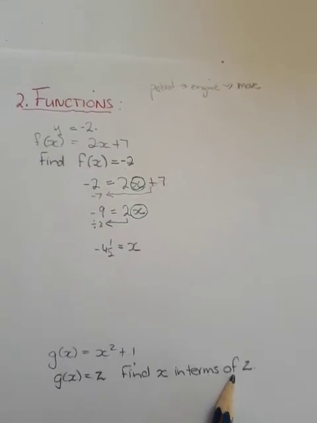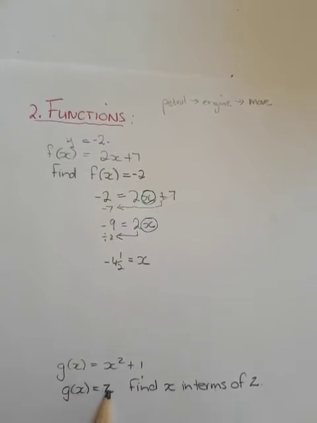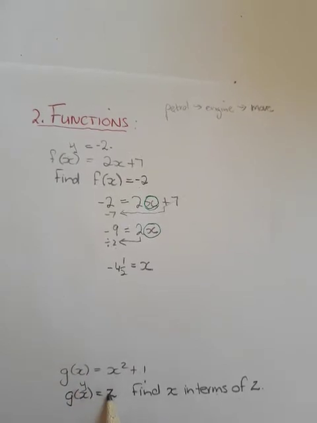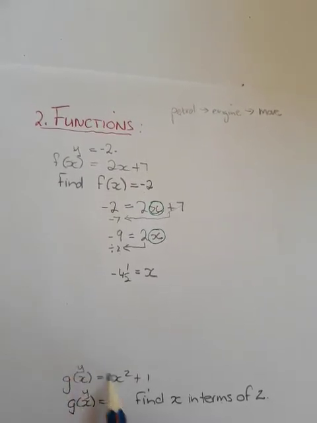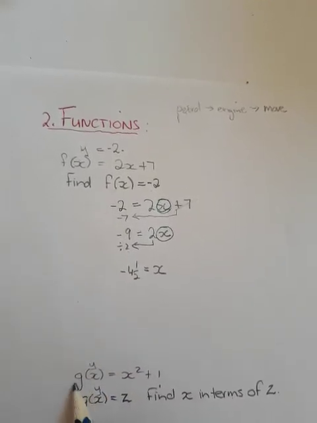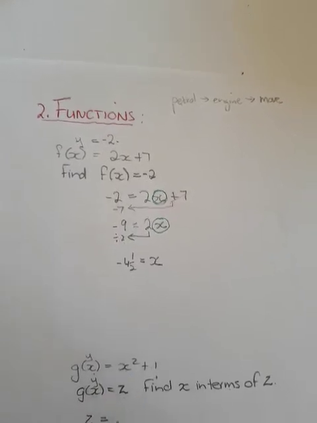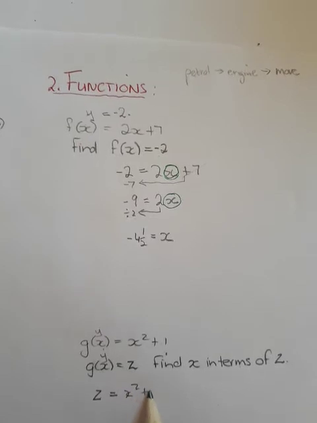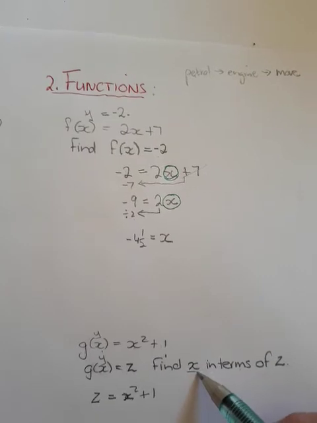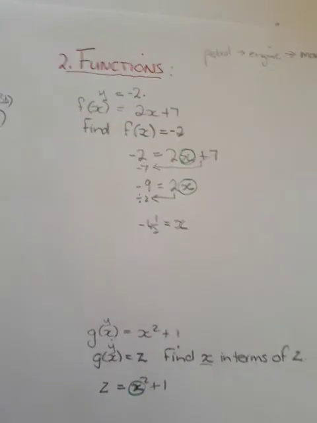But the important principle here, people, is that you must realize that g(x) is the same as z. Remember that could also be y equals z, and y equals x squared plus 1. So in the place of g(x), we substitute z. Then on the right-hand side, we still have x squared plus 1 left over. And now remember, you must find x, so we must express x in terms of z.